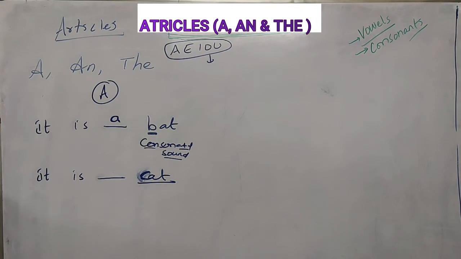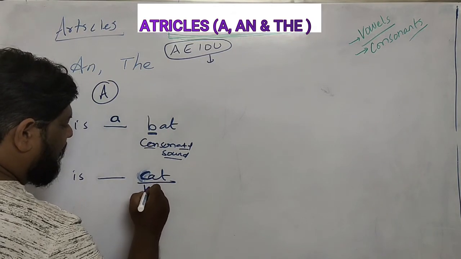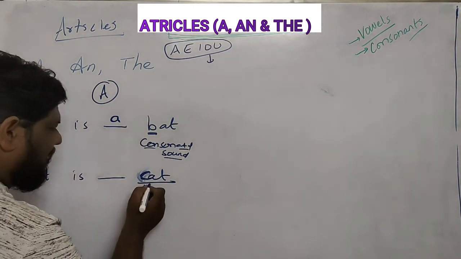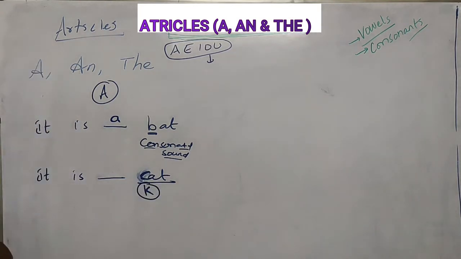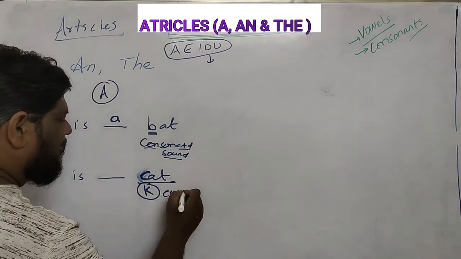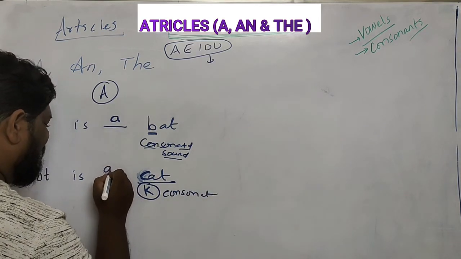How are you pronouncing that? It is a cat. K. The sound here is K. Now we have to check whether this K is a vowel or consonant. What is the sound here? K sound. So what is K? It is a consonantal sound. So that's why you write here A.